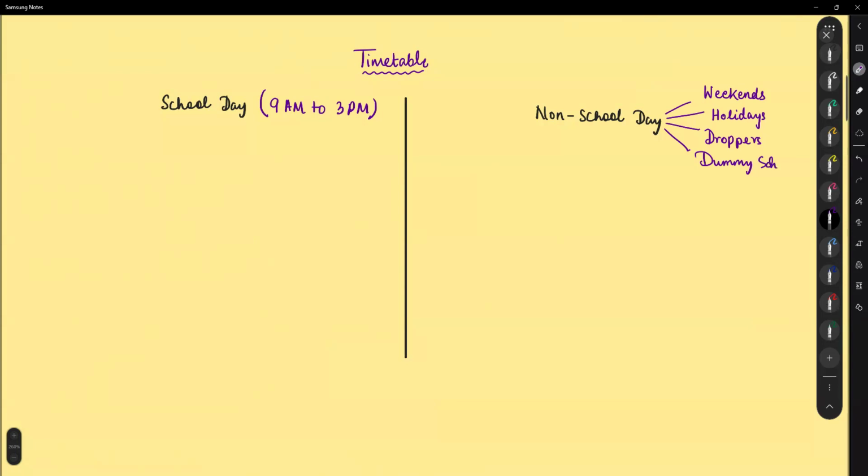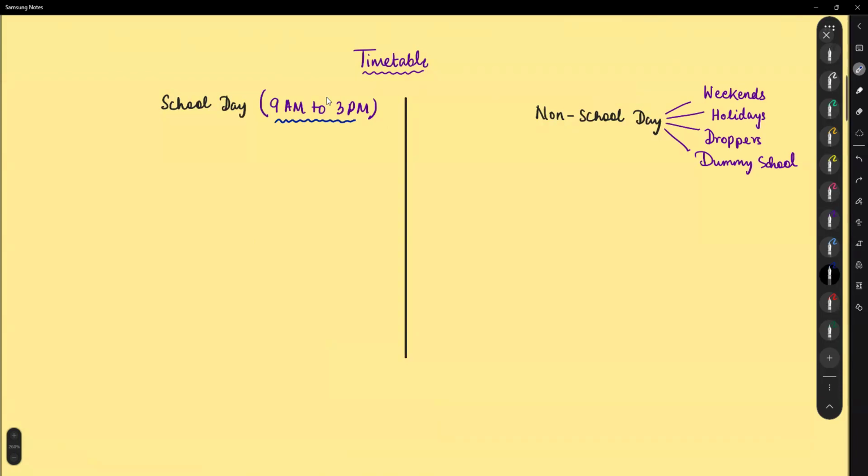Okay. So if one of these criteria is applicable for you, then you can consider the routine for the non-school day. The difference in the school day and the non-school day is that in the school day, you are in school at this time, which you can utilize more efficiently in the non-school day for this slot of time, 9 a.m. to 3 p.m. Okay.